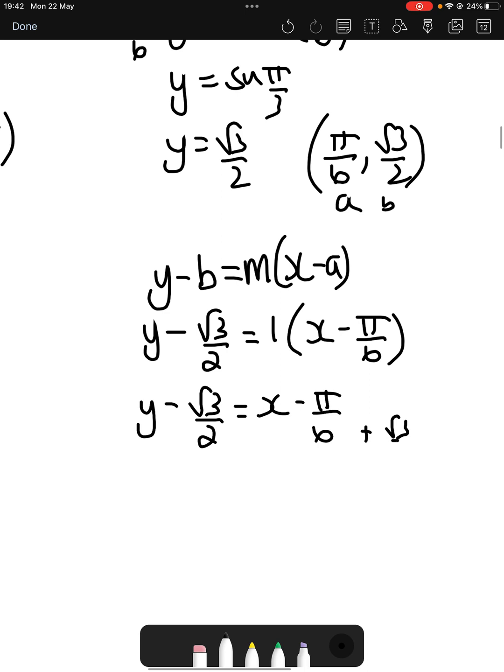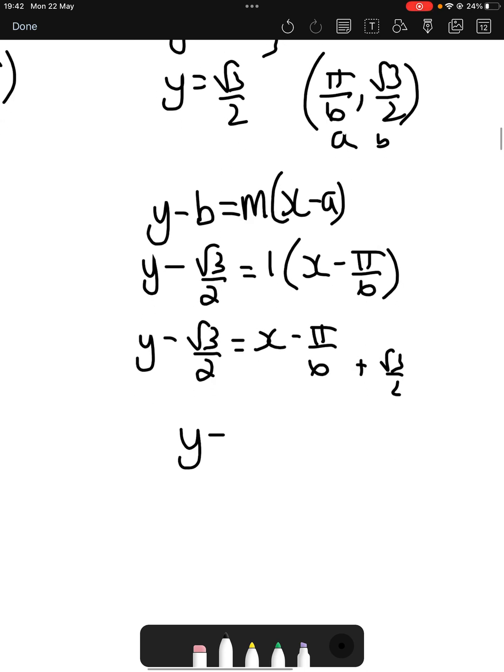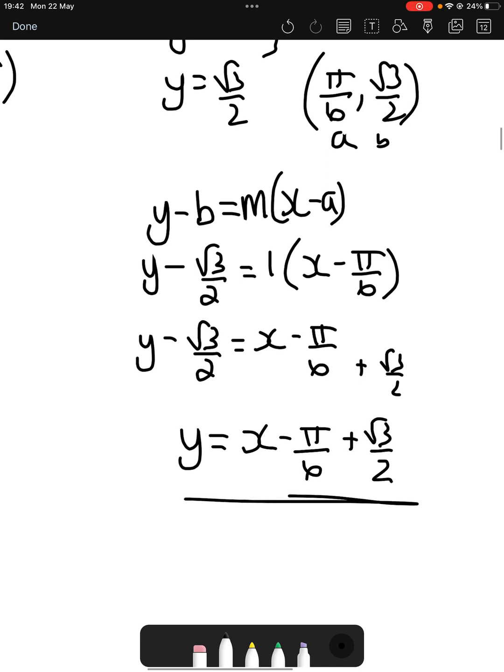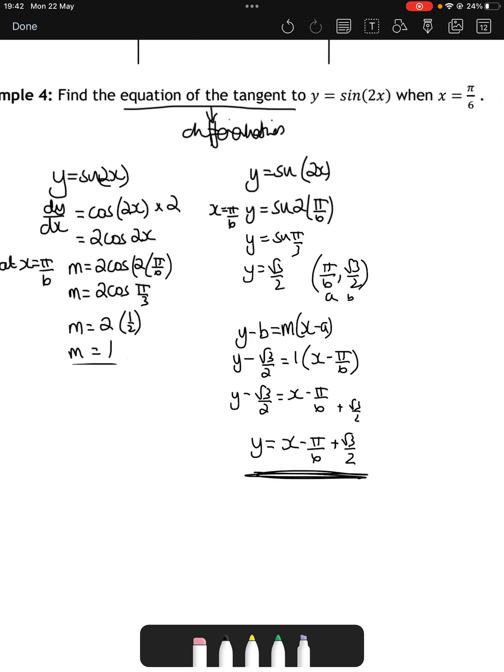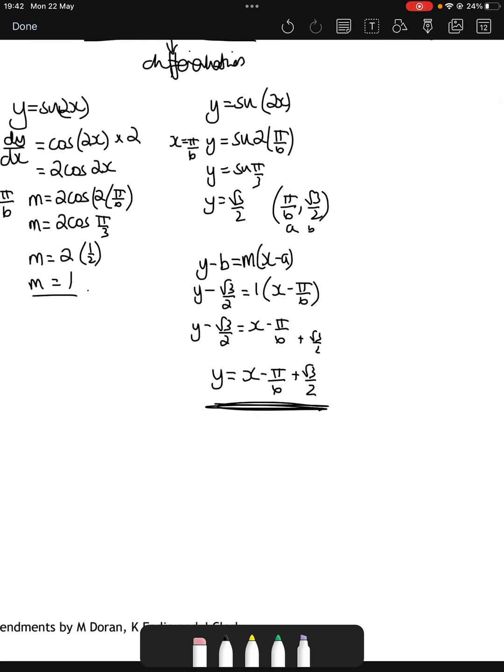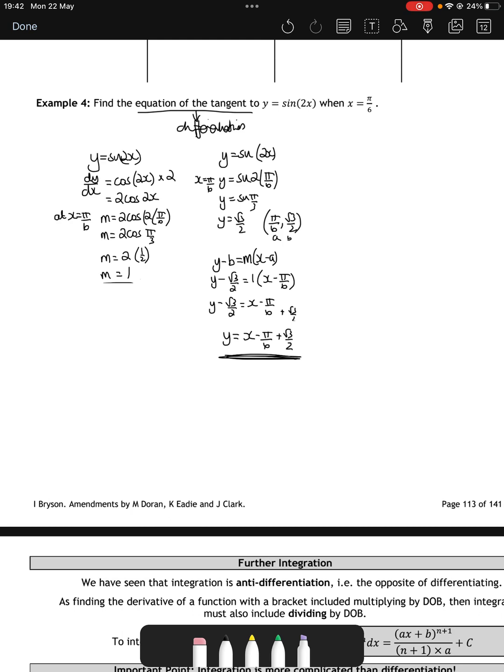You would add your root 3 over 2. Don't get too stressed about this. We're just leaving it in exact value form. Don't need to combine them. Don't need to worry about anything like that. You'll just leave it like that. Obviously, you could make that negative pi over 6 plus root 3 over 2 a single fraction. I wouldn't bother unless the question specifically told you to. So that is your equation of a tangent involving chain rule. So anytime it's not just an x, it is something with the x, you need to think about chain rule at all times.